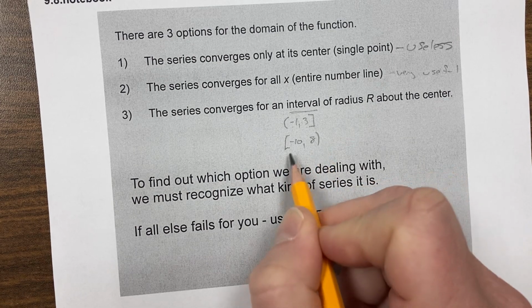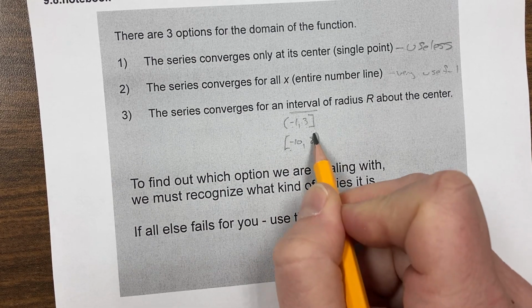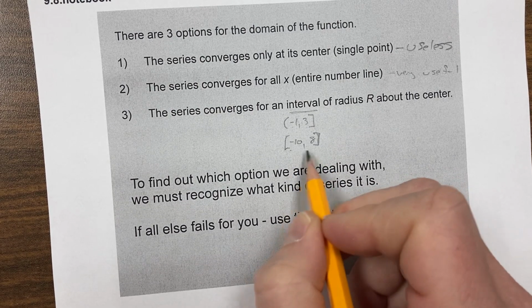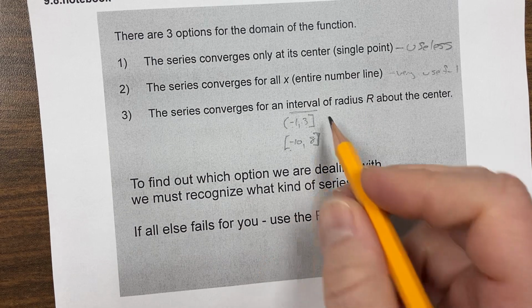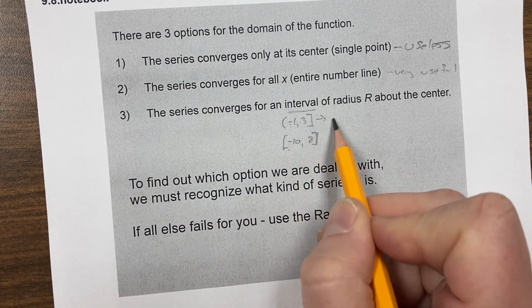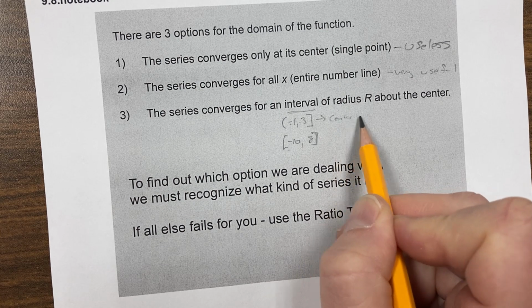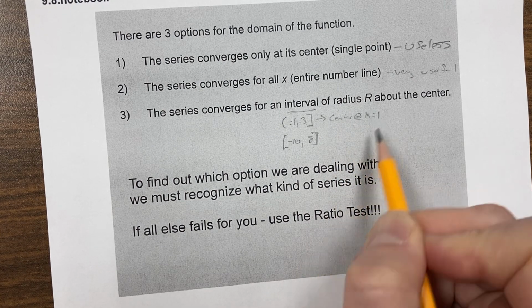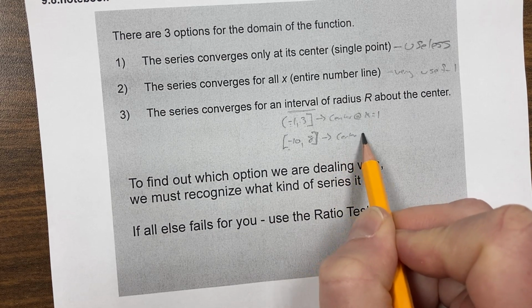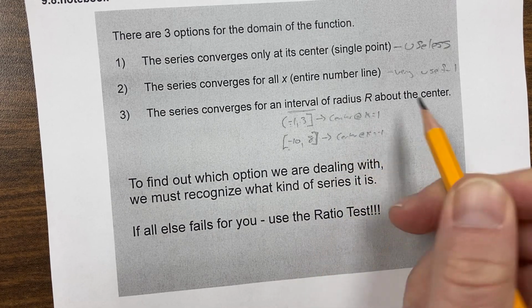And it works at one, but not the other, or maybe it works at both of them. There's no guarantee. We'll have to look at that, explore that a little bit more. Now, in this first case, from -1 to 3, that would be centered at x equal 1. And this one would be centered at x equal -1.